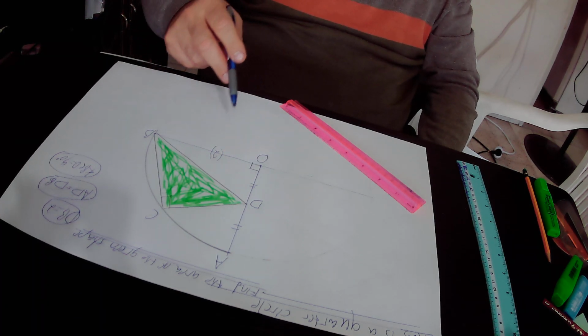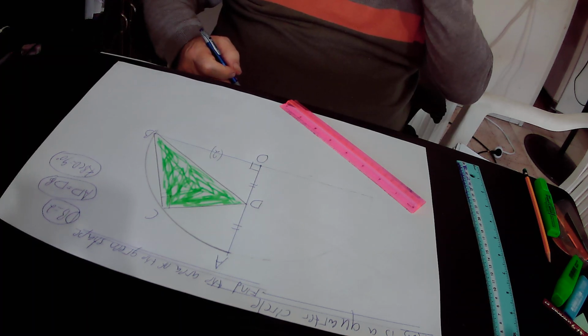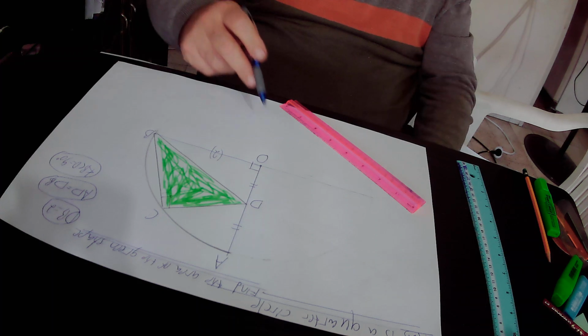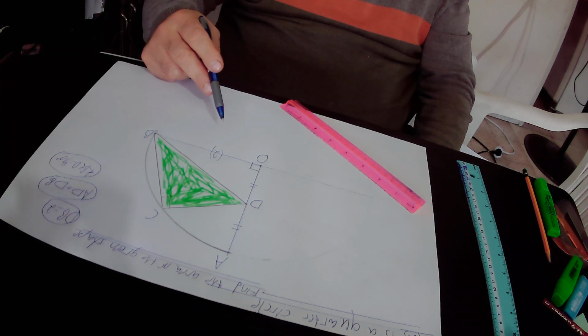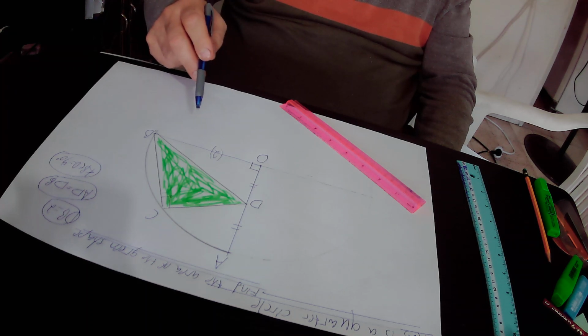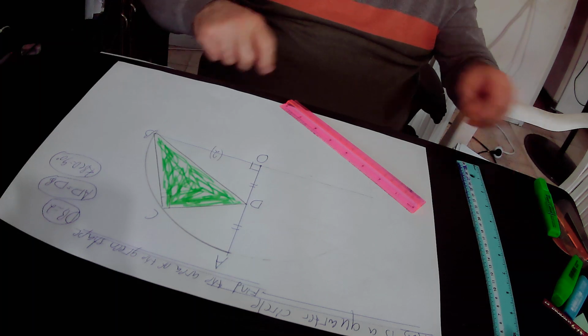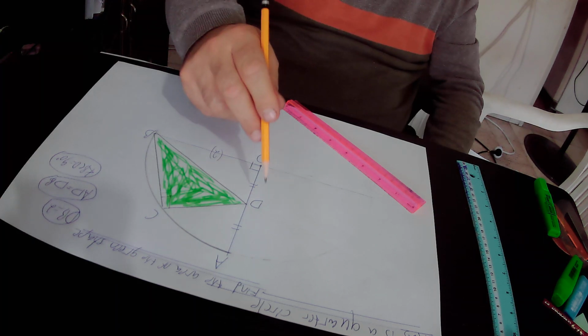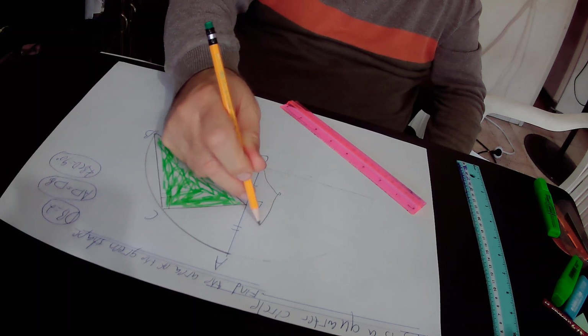They are both the radii of this quarter circle, and therefore they are equal to each other. But side OB equals 2 units, therefore AO, that is also the radius of this quarter circle, also equals 2 units in its length.